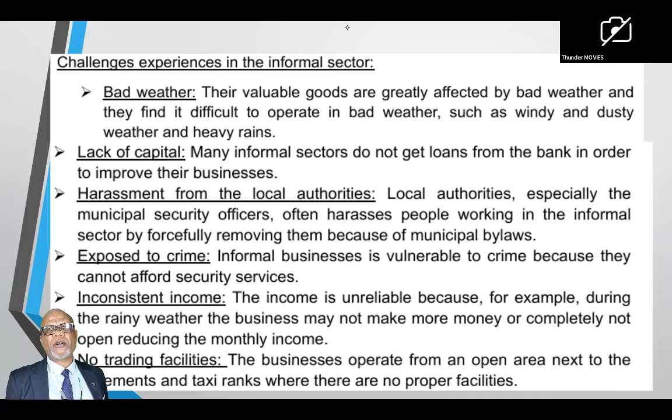Once you register them, it is no longer informal. But you can regulate, put some strategies or regulations on how to operate. Once you say register them, you're changing from the informal to the formal sector. So you can support them by regulating them, not by registering them, and by providing loans and subsidies for them to function.